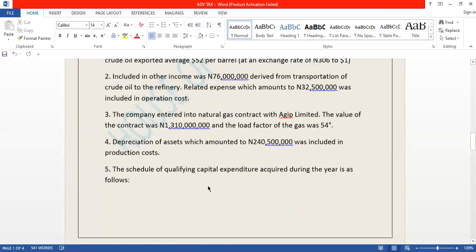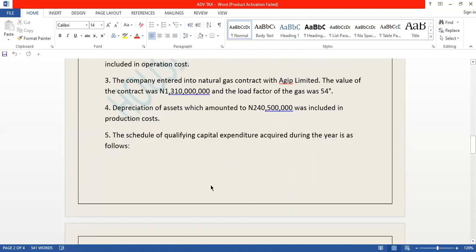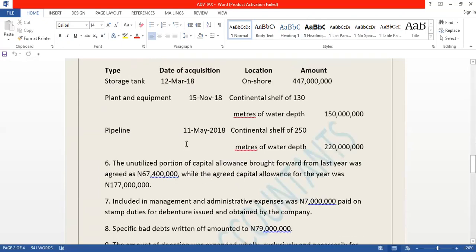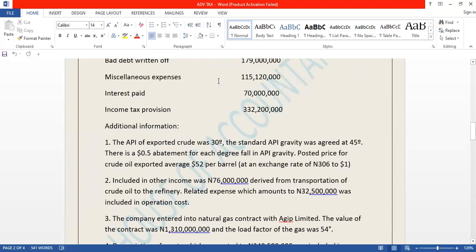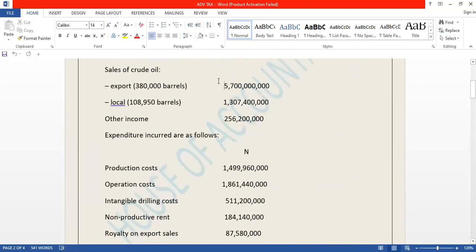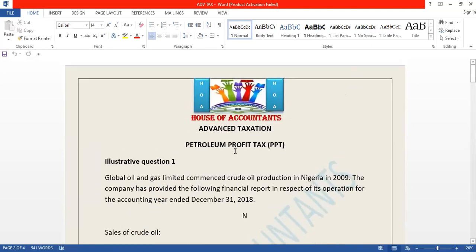If you look at it from first to the end, it has every element that you may think of under PPT from 1 to the end. So what I need to do now is just to solve the question, and from there you will get every hint you have to get.